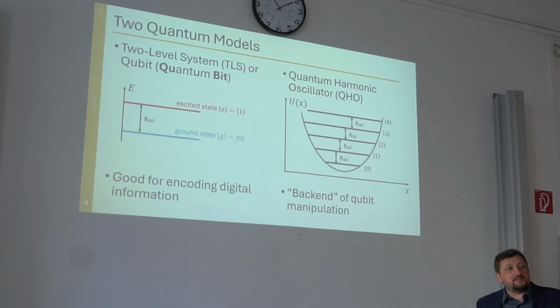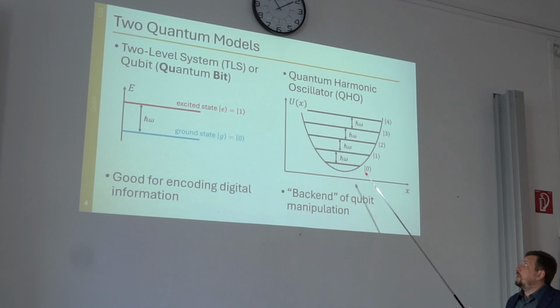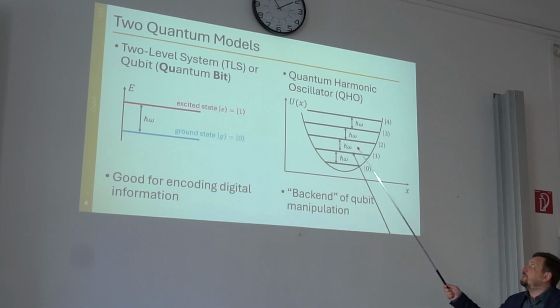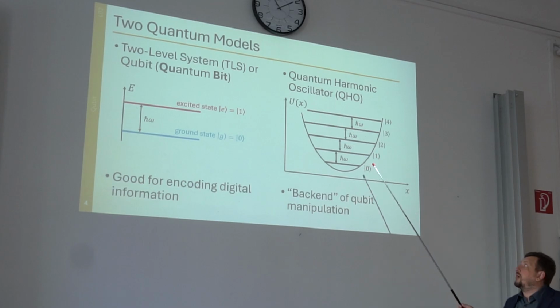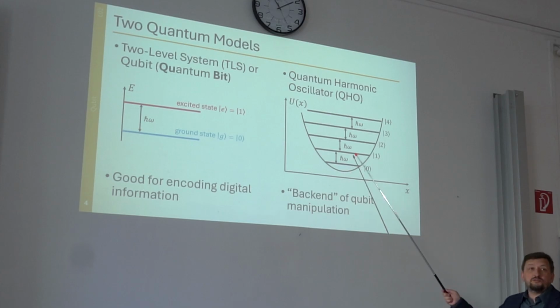But if it happens that the system at the time when we apply this energy is in state 1, or there is some part of the superposition which corresponds to state 1, well, the system will absorb this amount of energy and move to state 2, to state 3, and so on. So it's very difficult to localize the system just within these two levels in quantum harmonic oscillators.